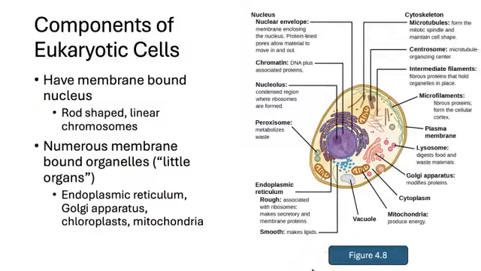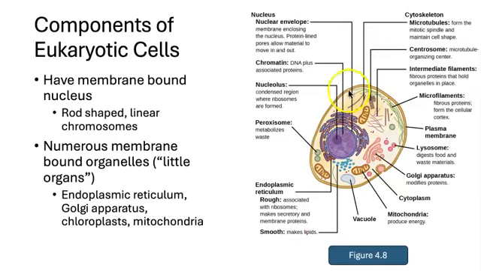So just as we did with our prokaryotic cells, we're going to talk about the components of eukaryotic cells, but in a lot more detail. So we know that our eukaryotic cells have membrane-bound organelles, and one of those organelles is a nucleus. So you can see in this nucleus, we are going to have our DNA.